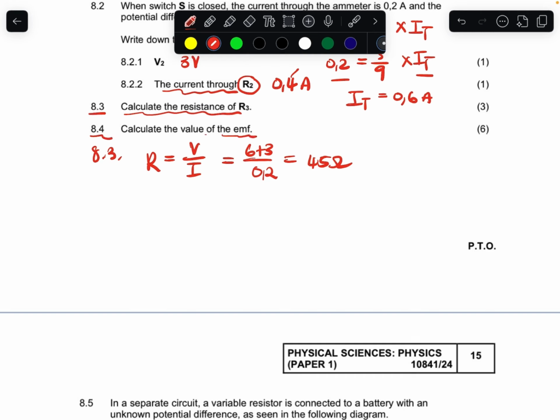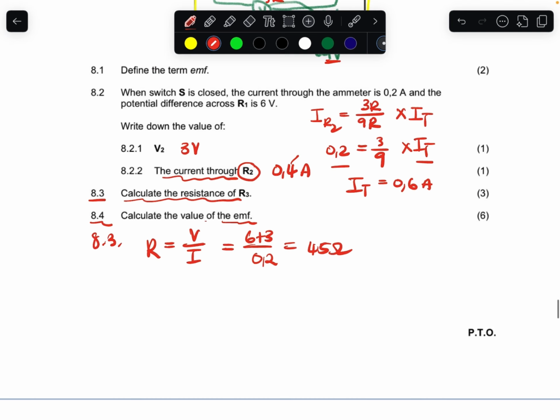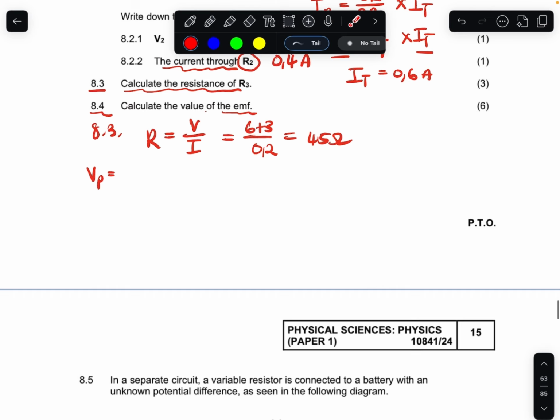Let's go to 8.4. It says calculate the value of the EMF. How are we going to calculate that? If we can find the voltage first, the voltage in parallel there is 9. Remember, how did you get the 9 again? It's 6 plus 3, it's 9 volts.